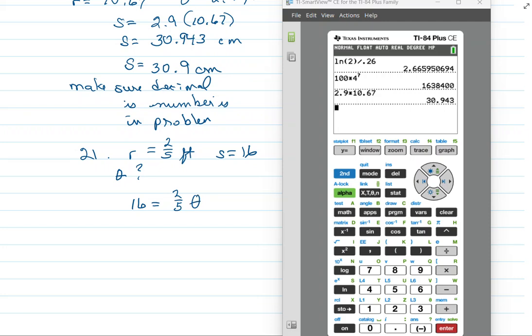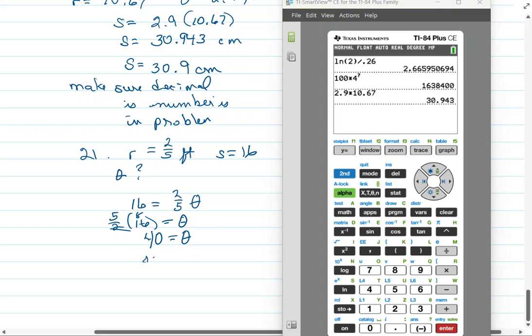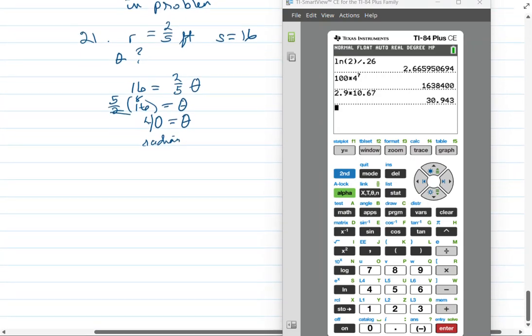Multiply by the reciprocal, which is 5/2. And this goes in 8. It looks like 40, and it's, of course, in radians. All right, now we're at 22.